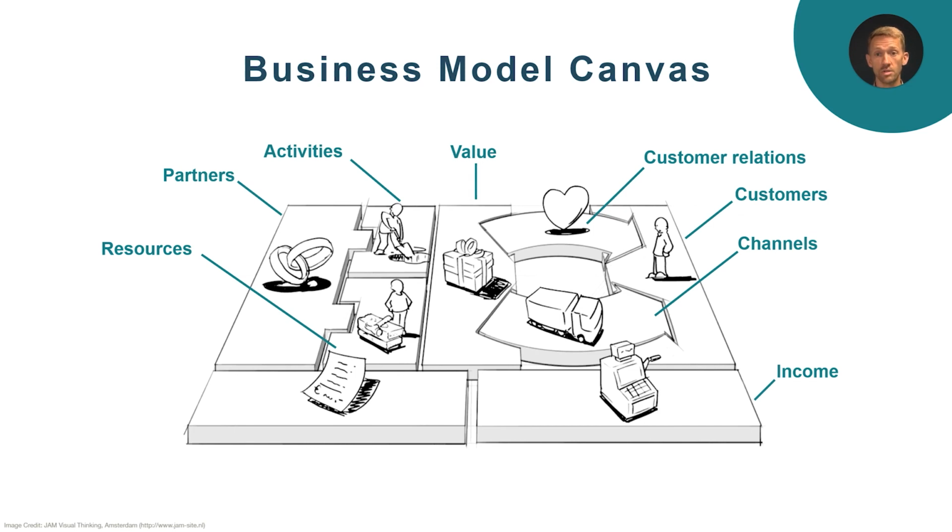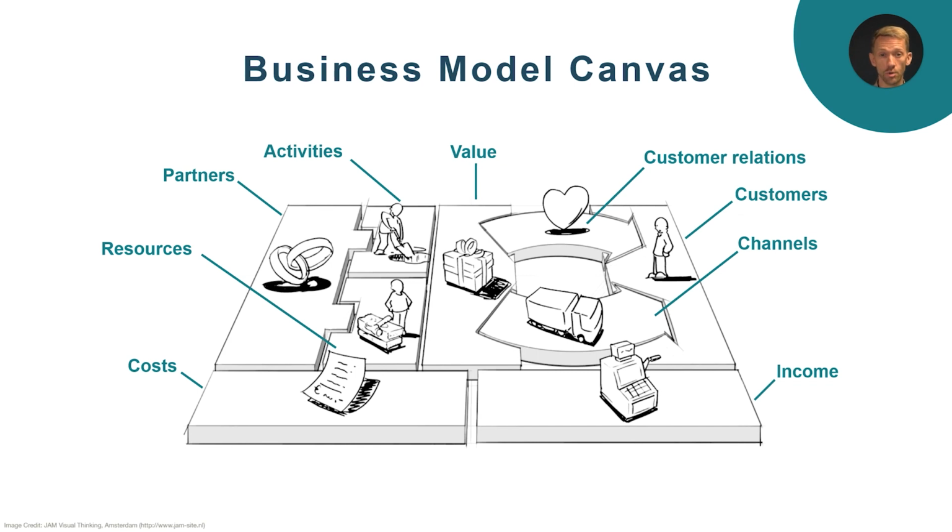Then we have partners, and the key partnership addresses the collaborative relationship with external entities that are crucial to the organization's functioning, whether it be strategic partnerships, suppliers, and so on. And then the last building block is about cost and cost structures. And this outlines the costs incurred by the organization to deliver the value, which can provide insight into both the expensive and the cost-effective parts of the business.